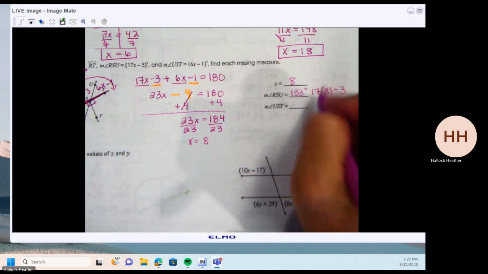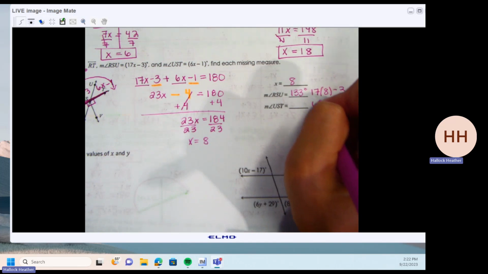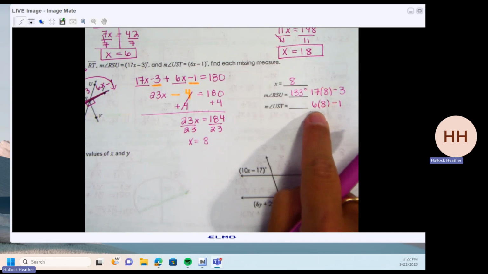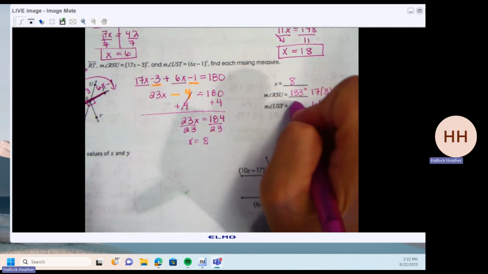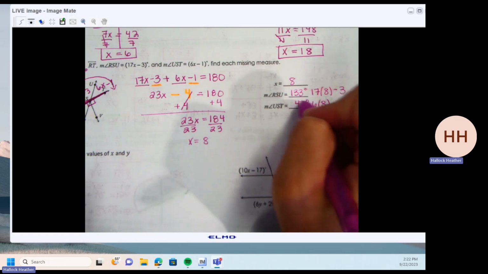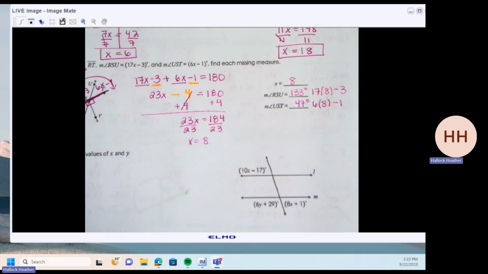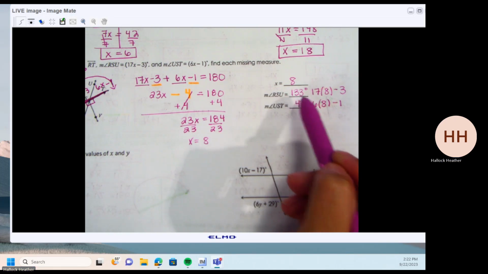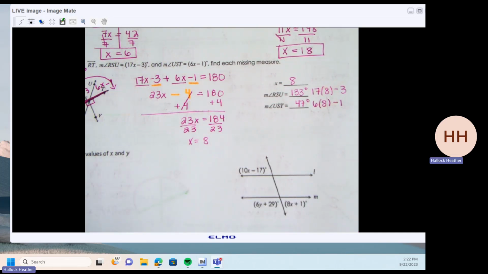UST is 6 times x, so times 8, minus 1. So 6 times 8 is 48. Minus 1 is 47. And I could check because these are supposed to be supplementary. So if I add 133 and 47 together, I should get 180 in total, which I do.